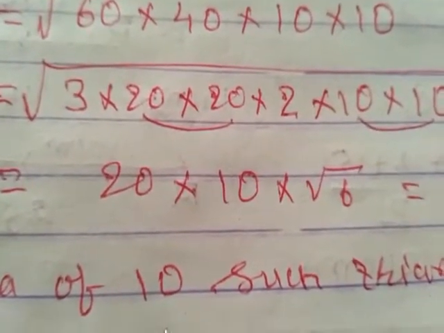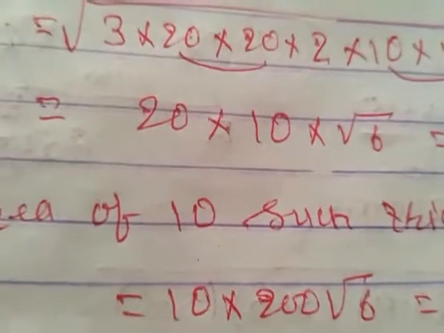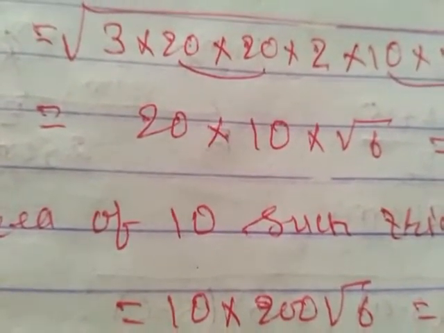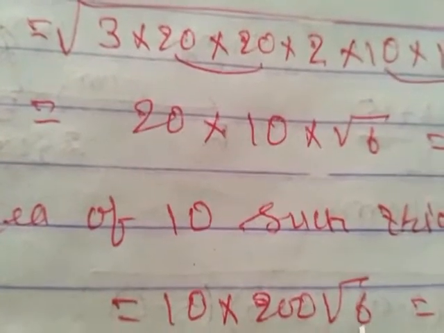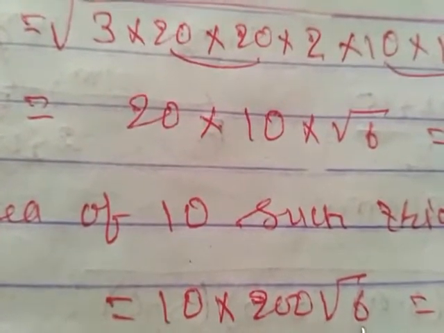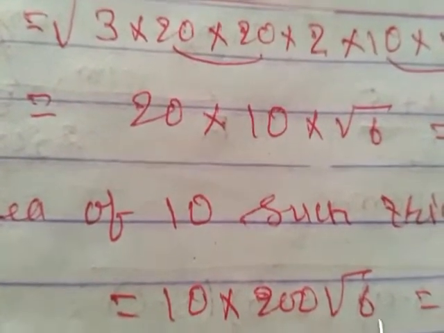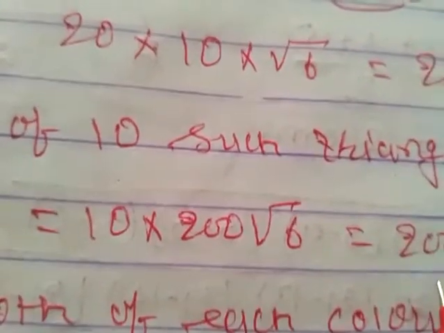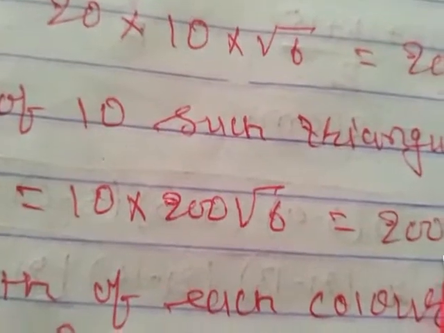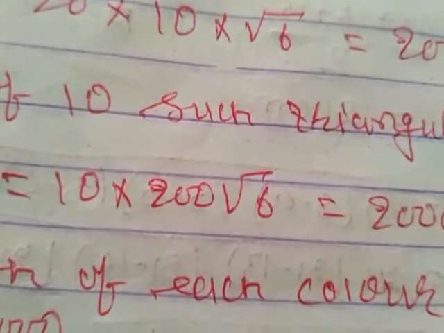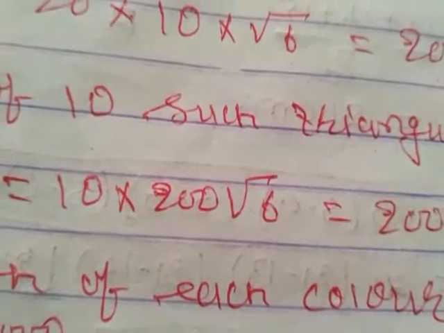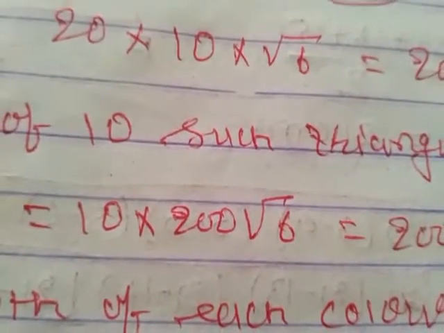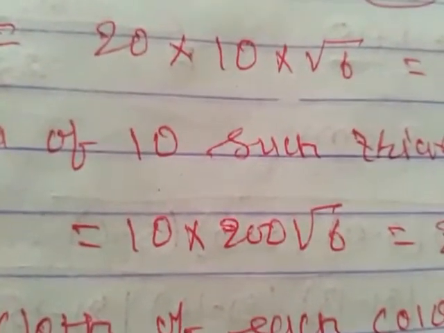Now the area of 10 such triangular pieces is 10 into 200 root 6. Further on multiplying it, 2000 root 6 centimeter square is the required area of 10 triangular pieces.